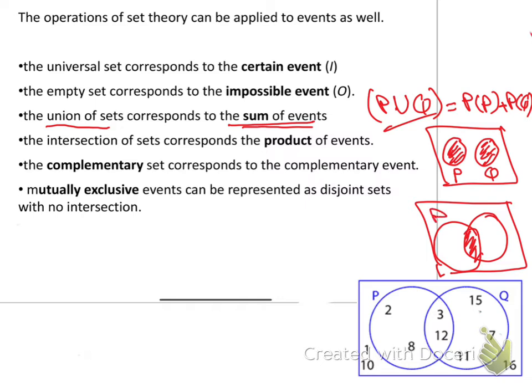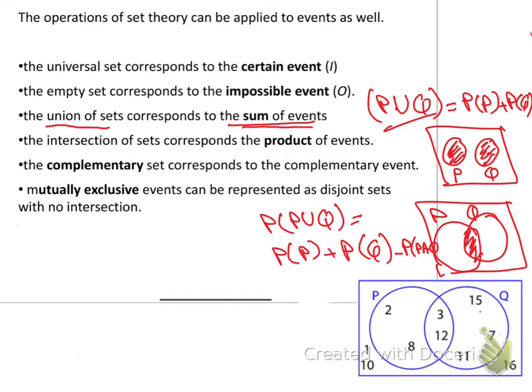So this is P and this is Q. It will be the probability of P united Q equals the probability of P plus the probability of Q, but here we have to subtract the probability of P intersect Q. P intersect Q, okay? This is the element.